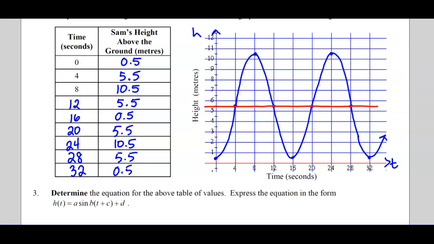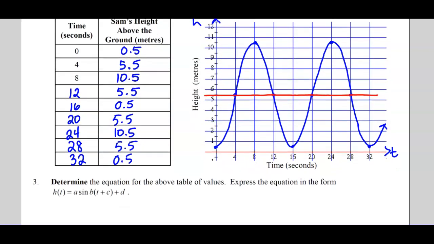But it says to use sine. From the midline up to get the amplitude, that's 5. What's special about 5 when we just read the description? The radius. So the amplitude is going to be the same as the radius in these circle rotation questions. Okay, sine.